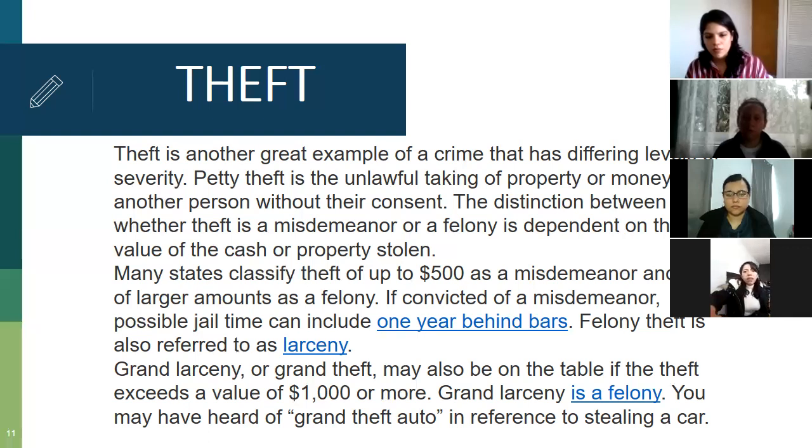Grand larceny is different from grand theft auto, which refers to stealing a car. Okay, thank you, Wendy. Yeah, so theft is basically another crime that has different levels.